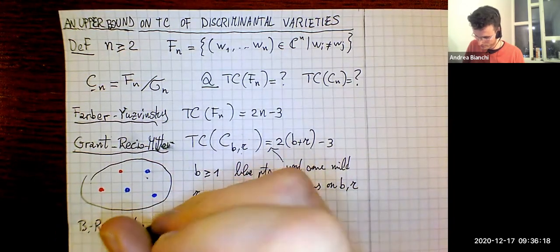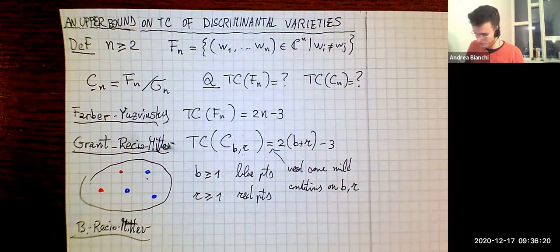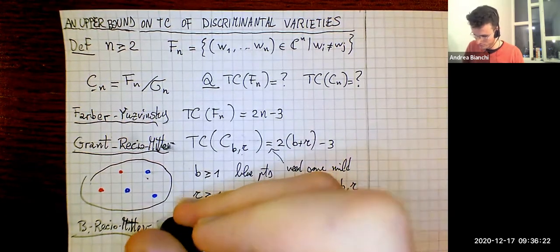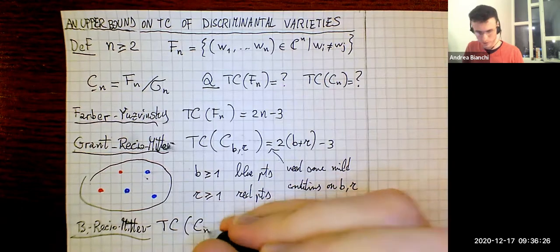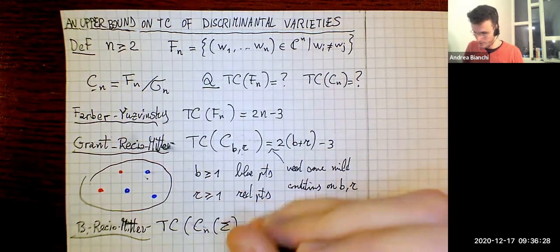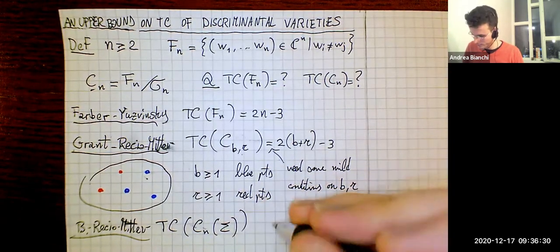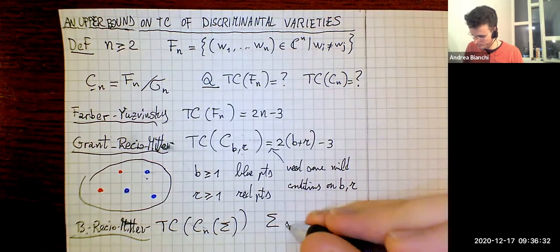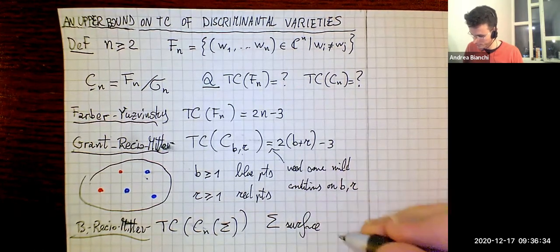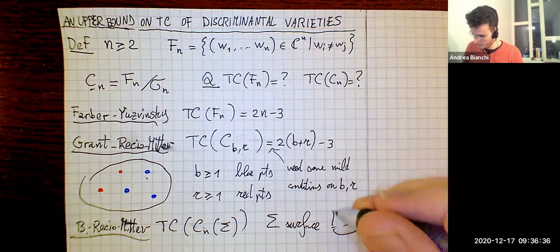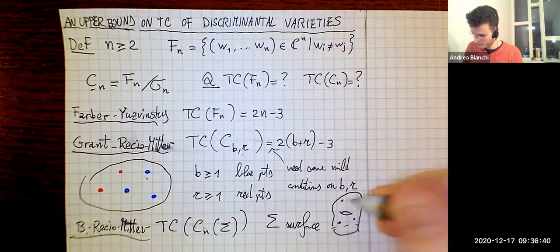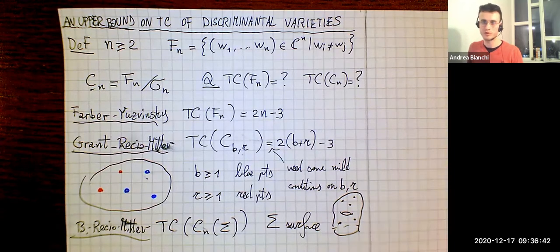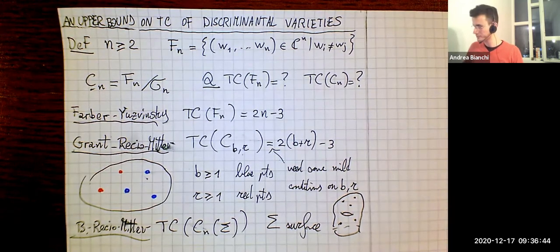some previous work of mine with Recio-Mitter. We consider the topological complexity of unordered configuration spaces, but more generally in a surface. So Sigma is a surface, for example, this one. And we take configurations of indistinguishable points on that surface.